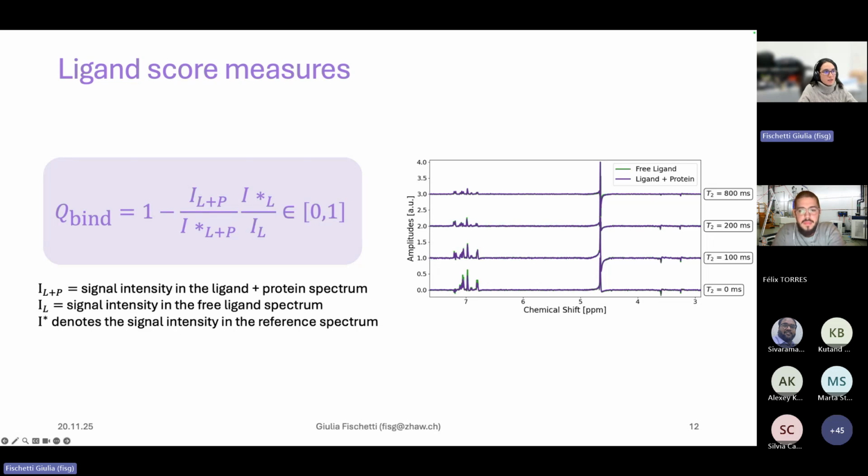So, at the moment, we are just considering the position of the peaks. For the assignment, neither the sign of the intensity nor the multiplet splitting is considered at the moment.